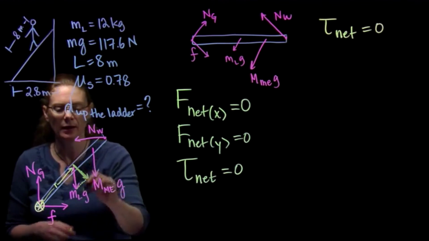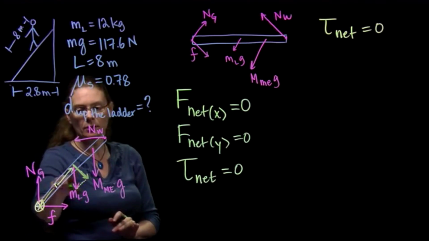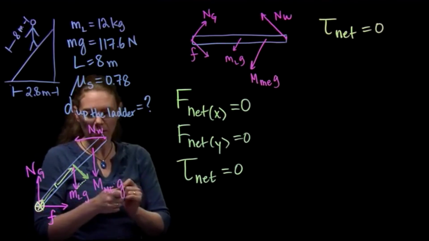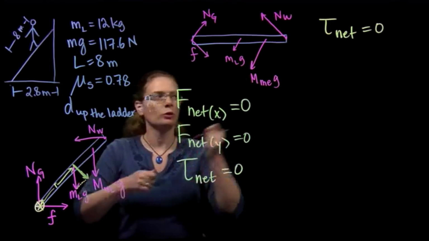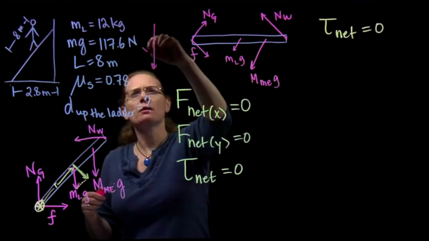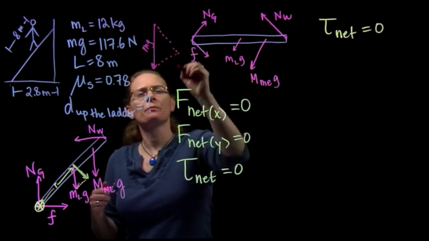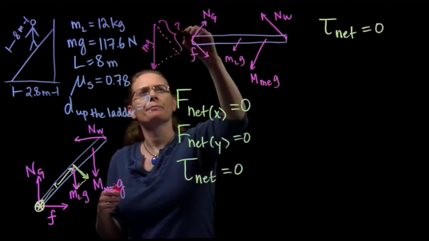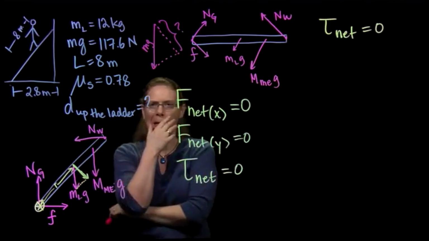So I need to find out with this force, this weight, what is this component? Okay, I can do that, right? It's just like we've done a lot. We've been trying to figure out the components. So I've got mg going down, and I'm going to break it up, and I want to know what this one is. It's going to be mg sine theta, mg cosine theta, one of the 2.